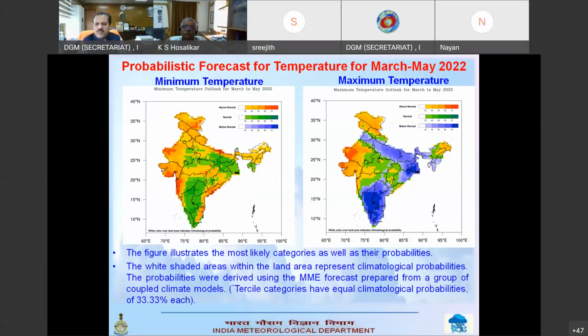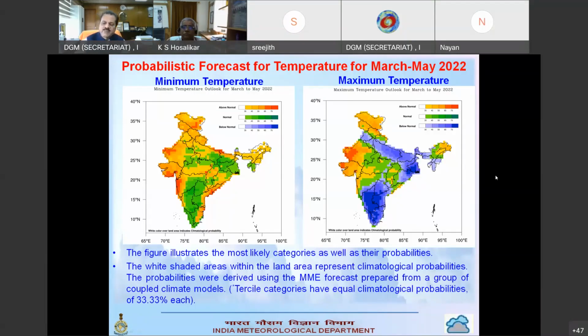If I just look at the maximum temperature, you will find that it is indicating that there could be above normal maximum temperature over Jammu and Kashmir, Ladakh, Himachal Pradesh, and also the major part of Rajasthan, Gujarat, and adjoining areas of Maharashtra and southwest Madhya Pradesh.